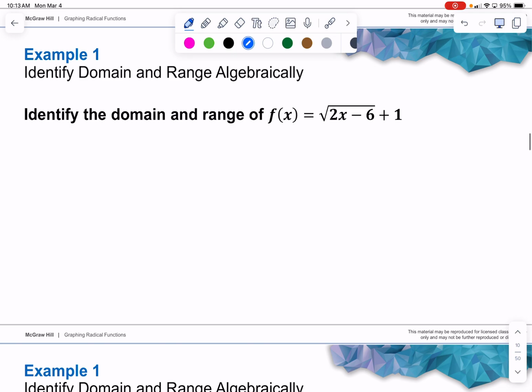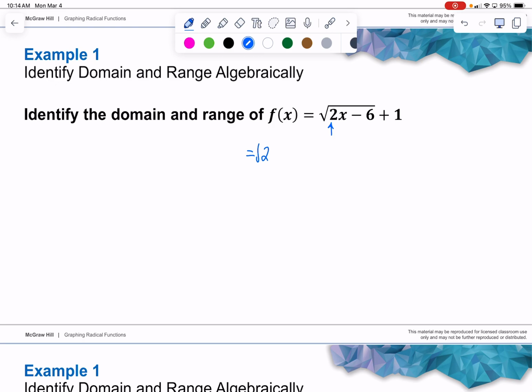So here's our example 1, page 324. We want to identify the domain and range of f of x equals square root of 2x minus 6, plus 1. And then I would like to graph that as well. We have a value in front of x of 2, so I'm going to factor that out.